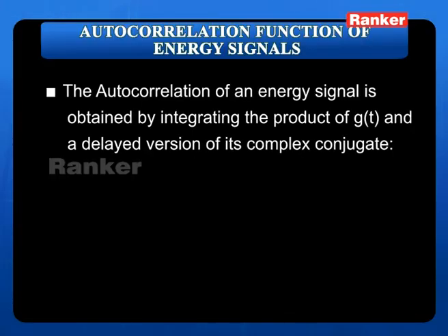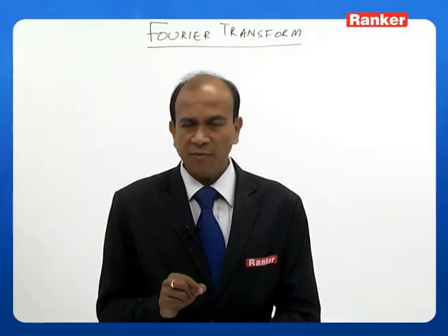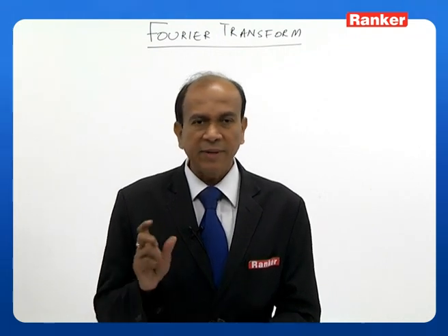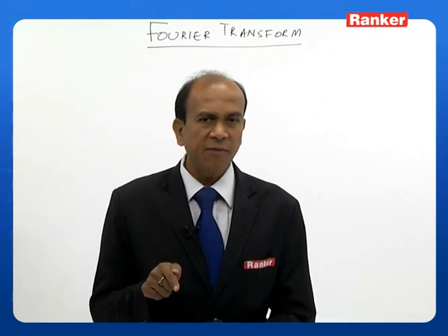The autocorrelation function of an energy signal is obtained by integrating the product of g of t and a delayed version of its complex conjugate, that is Rg of tau. What is Rg of tau? We are saying that the autocorrelation function must be in terms of the delay variable. So what is the delay variable here for us? Tau.